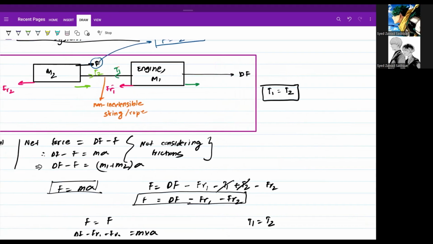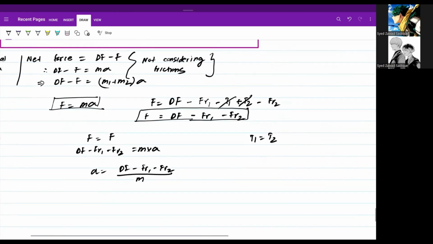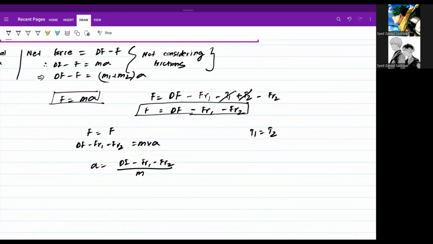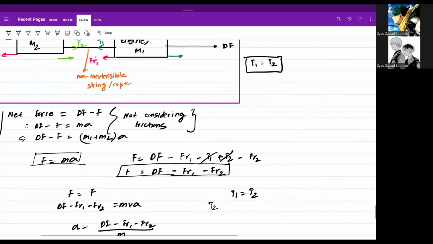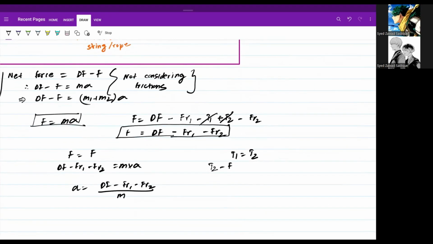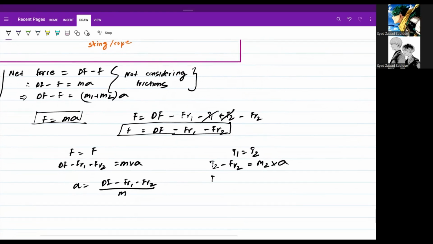Which has fewer forces? M2 has fewer forces. Therefore, in order to find tension, you could do this. T2, because it's going forwards, minus FR2 is equal to M2 times combined acceleration. T2 is equal to M2 times A plus FR2, and that's your answer. And that is also equal to T1.